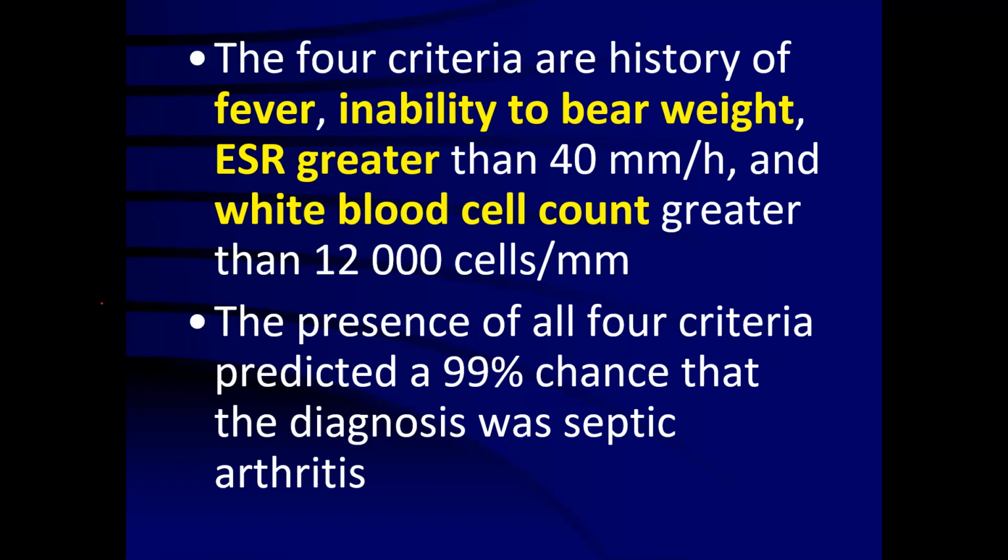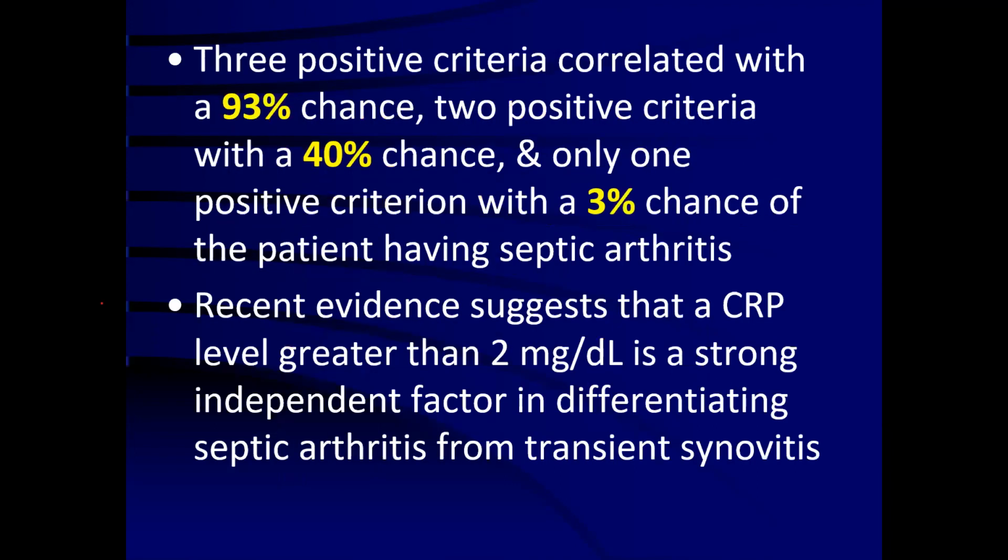Transient synovitis is a lower, less toxic and less reactive involvement of the hip. In septic arthritis, it is more severe. The positive criteria correlated with a 93% chance for 3 positive criteria, 40% chance for 2 positive criteria, and only 3% chance for 1 of the patient having septic arthritis.